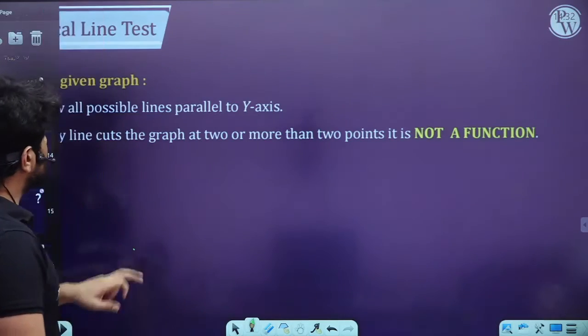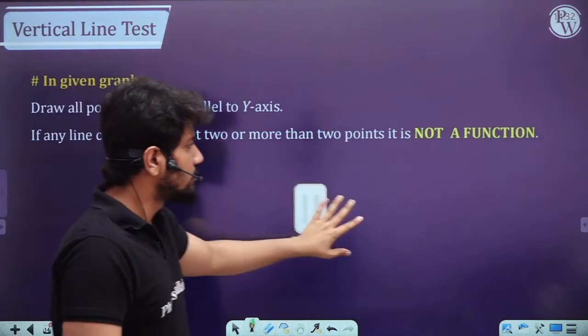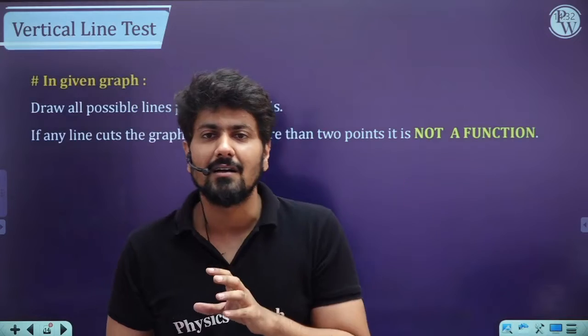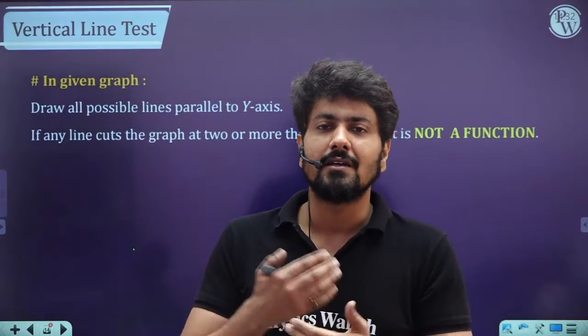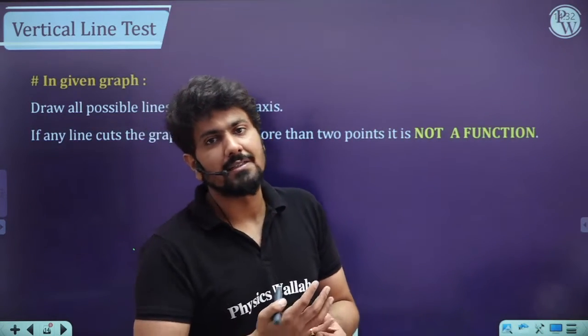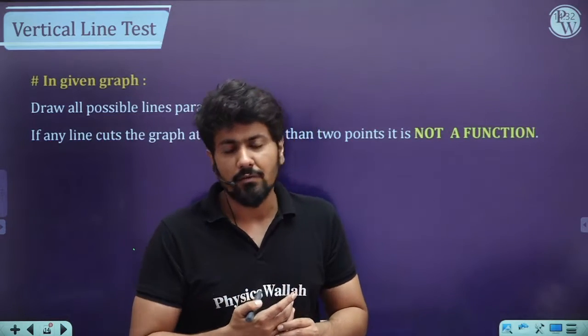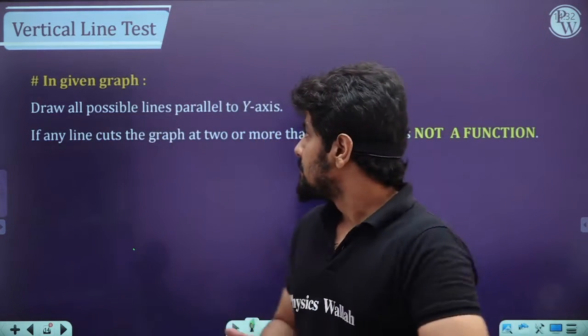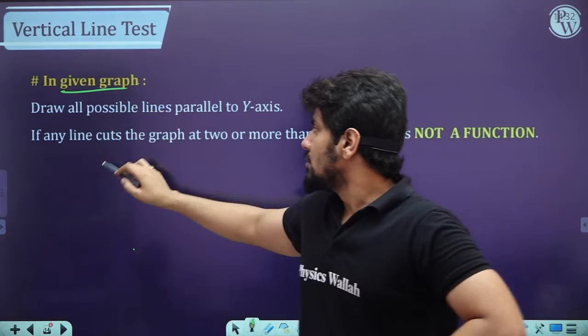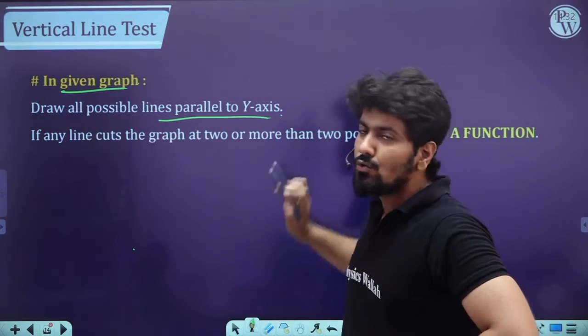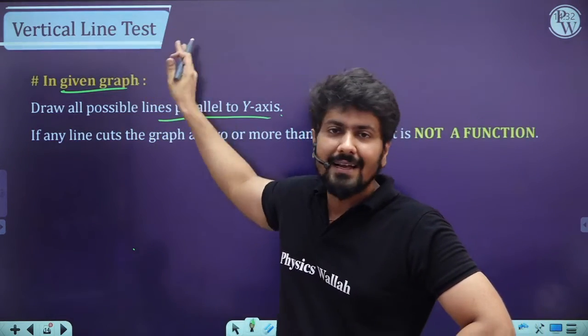But before moving towards domain and range, I also want you to understand how we see whether a graph is a graph of a function or not. In a given graph, draw all possible lines parallel to the y-axis. This is known as the vertical line test.